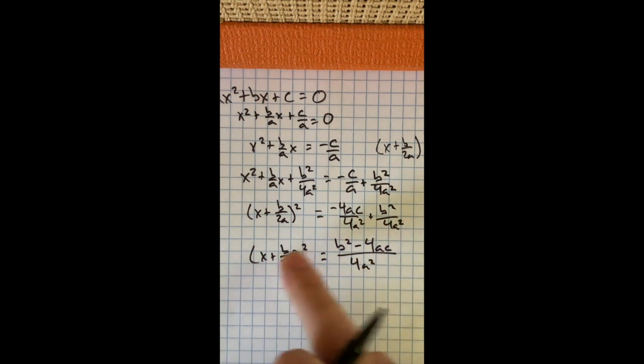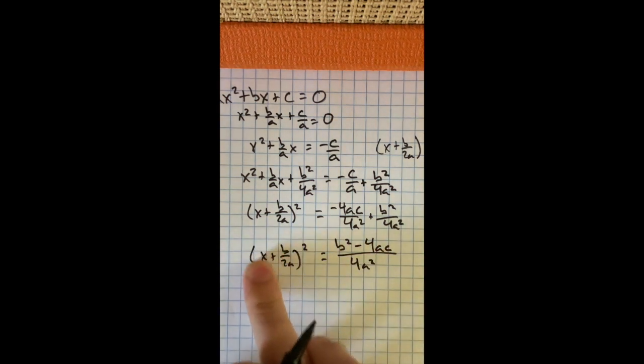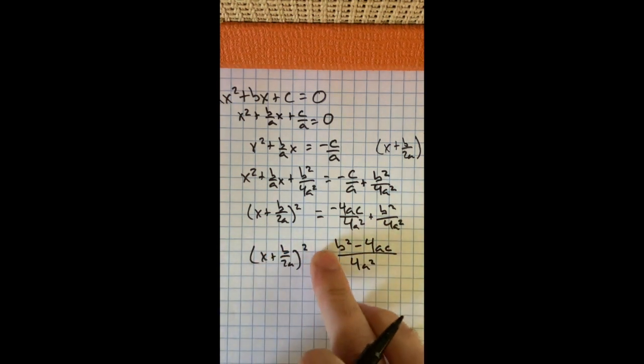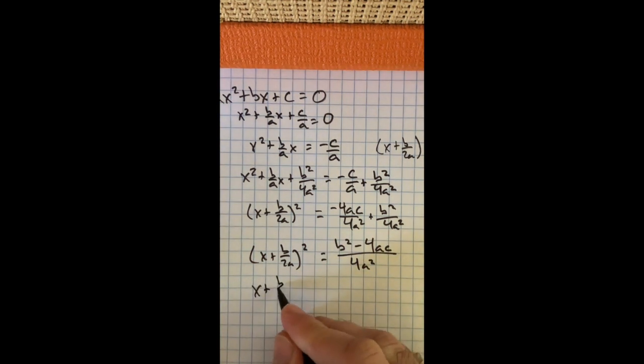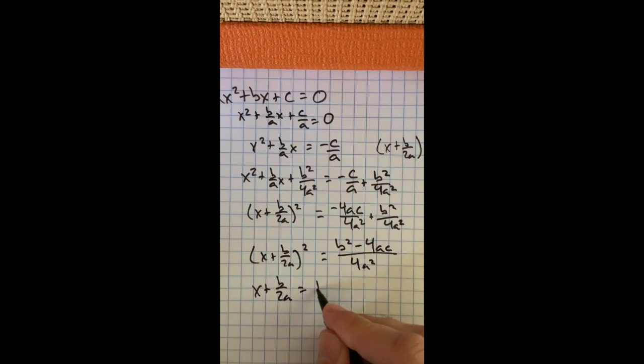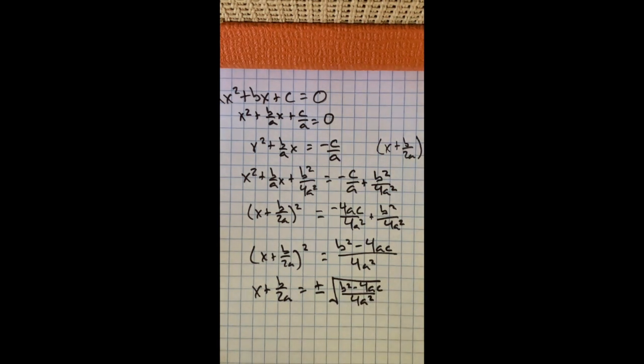So we can take the square root of both sides, and then this thing inside here is going to be equal to plus or minus the square root of all that. So let's write that. x plus b over 2a equals plus or minus the square root of b squared minus 4ac divided by 4a squared.